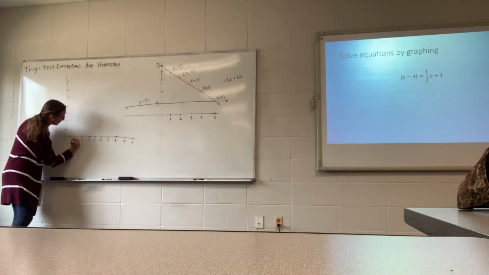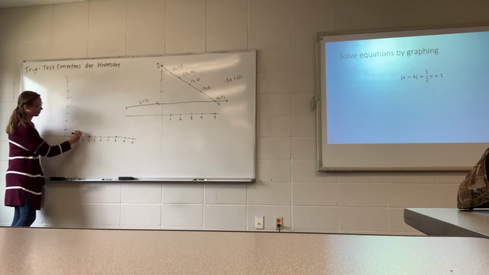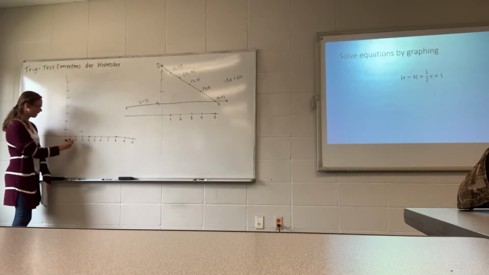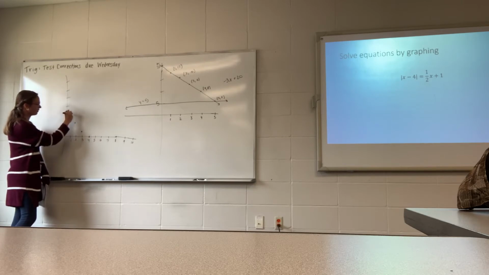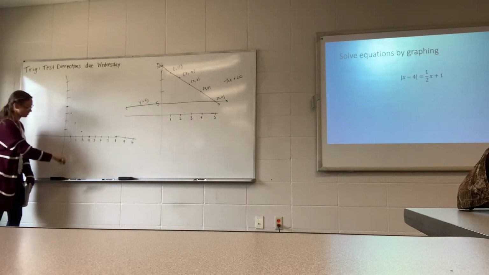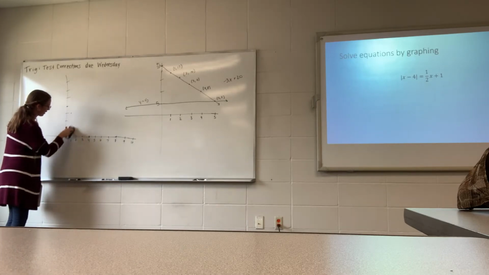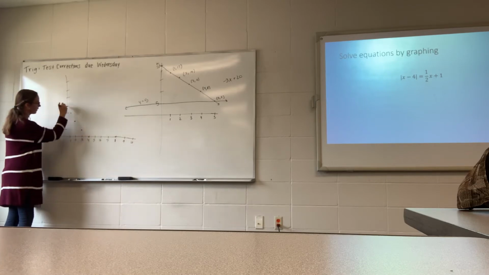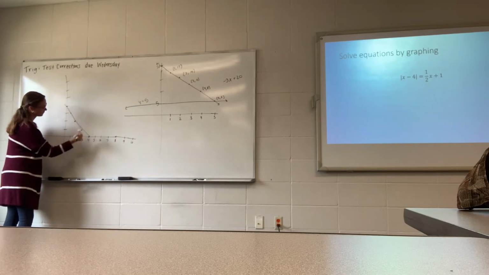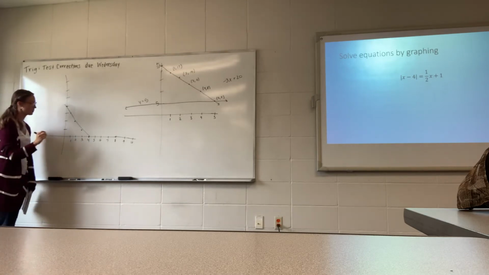So over here, I'm going to be at 3, 1. Then I'm also going to be at 2, 2. I can be at 1, 3, 4, 0, and so forth. Okay, so here's half of my V. Okay, so something like this. Not the best points, but close enough.